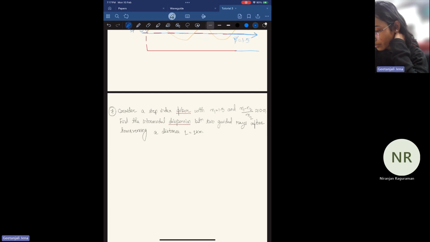It's a step index fiber with refractive index N1 is 1.5, and it is given (N1 minus N2) over N2 is 0.01. Find the intermodal dispersion between two guided rays after traversing a distance L equal to 1 kilometer. There is a figure also given. The two guided rays are like this.